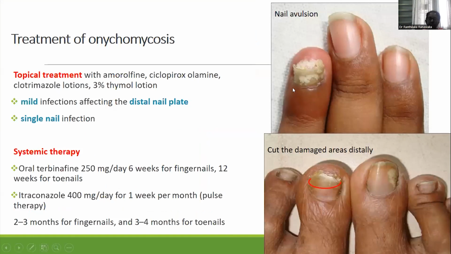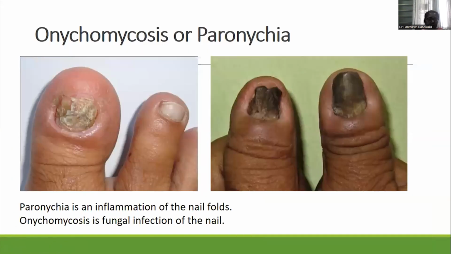So there's paronychia in onychomycosis also. And there are conditions where the primary problem is paronychia, that is inflammation of the nail fold, right? Sometimes we can't differentiate, because in onychomycosis the nail plate is affected first, then they get paronychia. But in paronychia, the nail fold is affected, but the nail plate is also destroyed with time, right? When it is prolonged for a long time, the nail plate is also destroyed. So we can't differentiate.